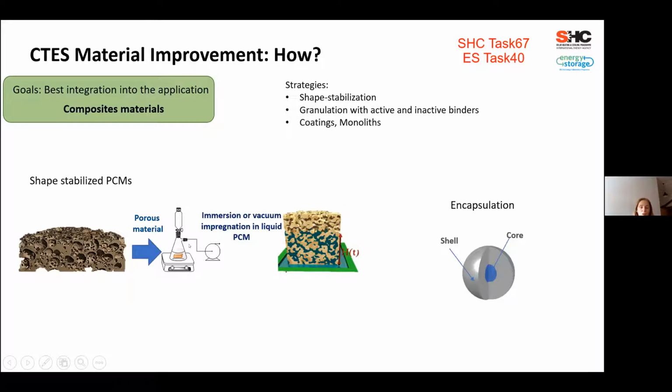The shape stabilization, I have to say, is very interesting in case of phase change material, for example, because in this case, it allows you to not deal with a liquid. As soon as you create a shape stabilized composite, normally what you want to reach is avoiding leakage from your pellet, your monolith.